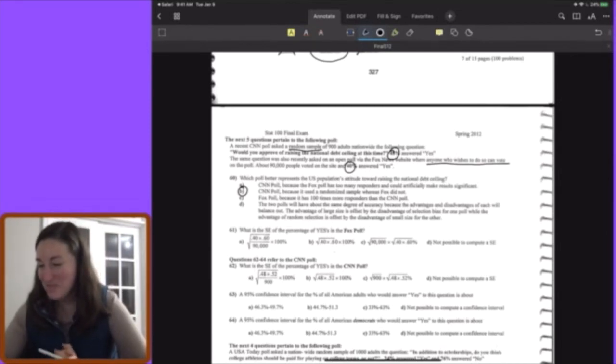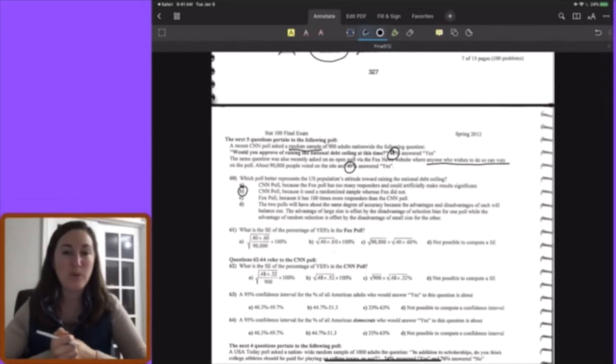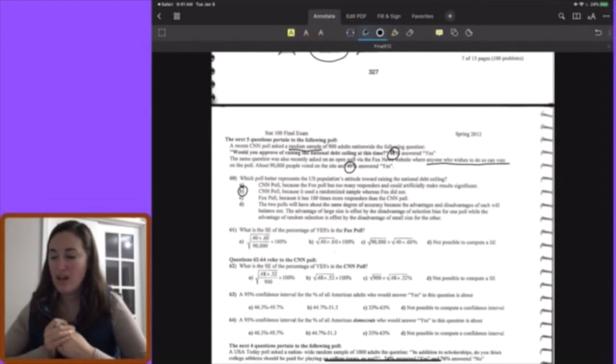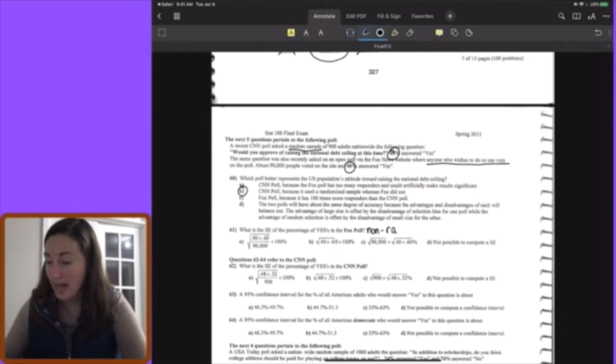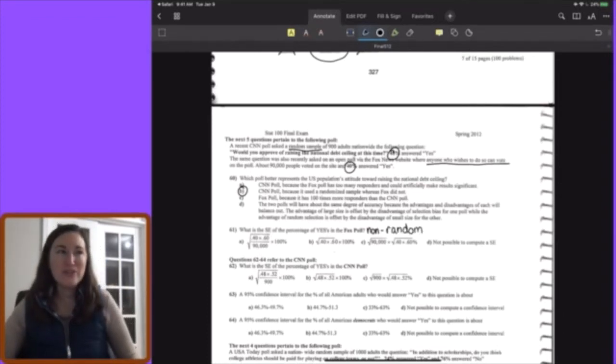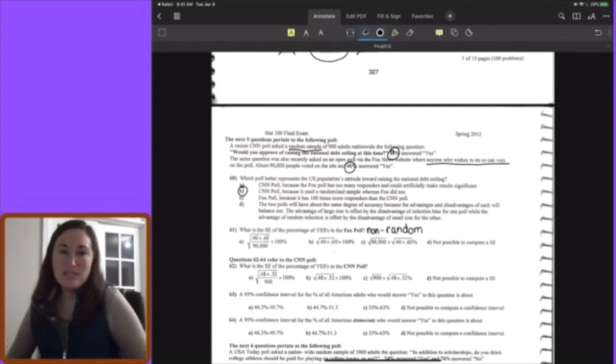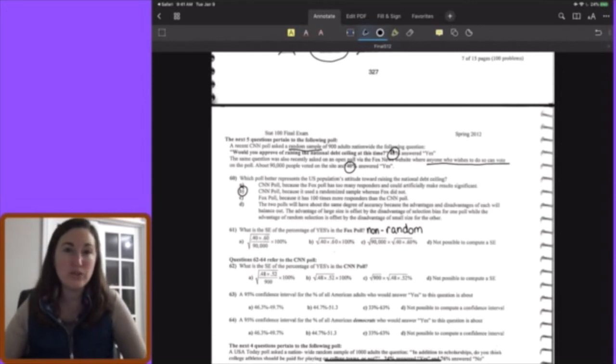61 says, what is the standard error for the percent of yeses in the Fox poll? So I need to ask myself, the Fox poll was the non-random one, right? It was non-random. So the question is, can I even calculate the standard error? And remember, one of the reasons that randomization is best for polling and sampling is because then we can use our formulas and calculate things like confidence intervals, margins of error, standard error.